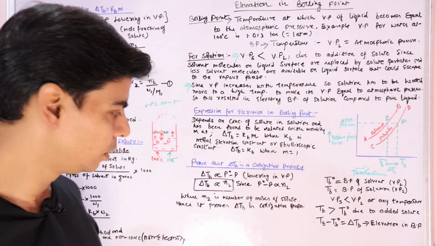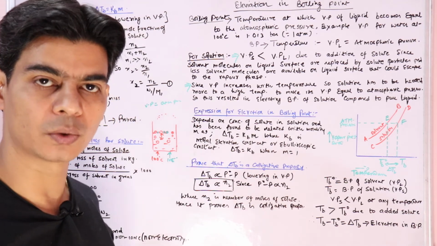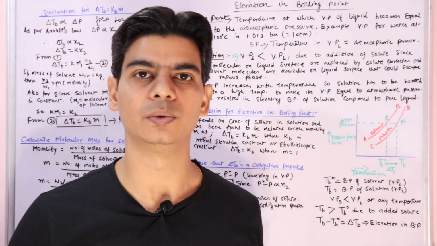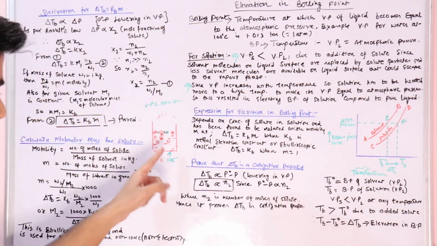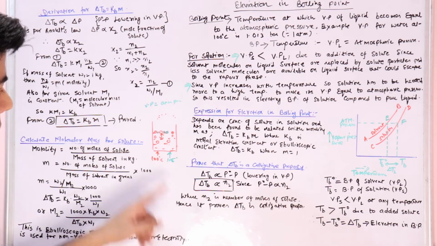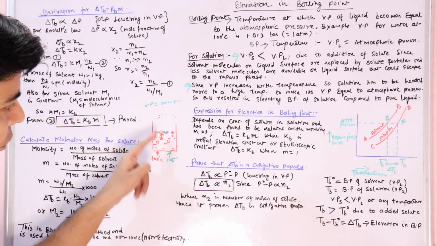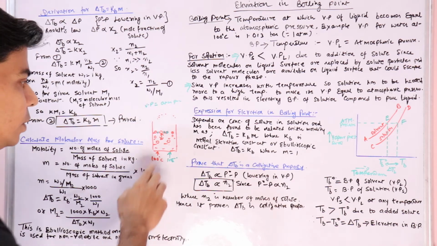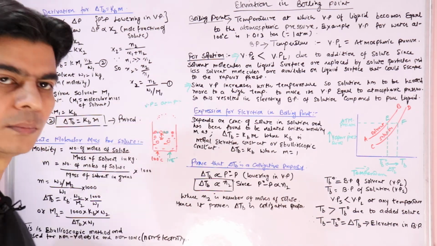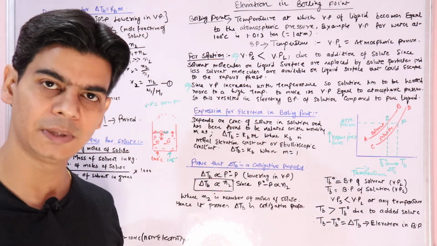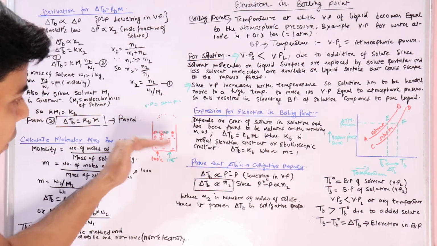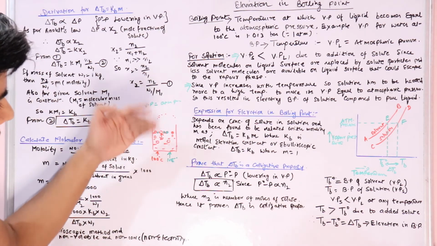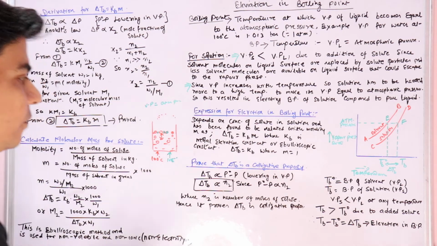And we know that lowering in vapor pressure, from Raoult's law, is directly proportional to the number of moles of solute, which is clear from here. The more solute we add, the more will be the lowering in vapor pressure, because more solute means more liquid molecules would be replaced by the solute molecules. So less liquid molecules will escape into vapor phase.